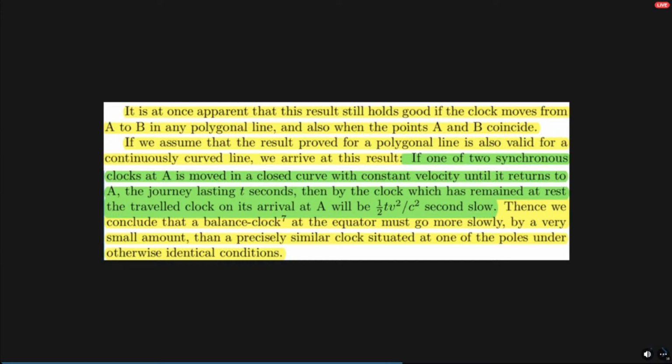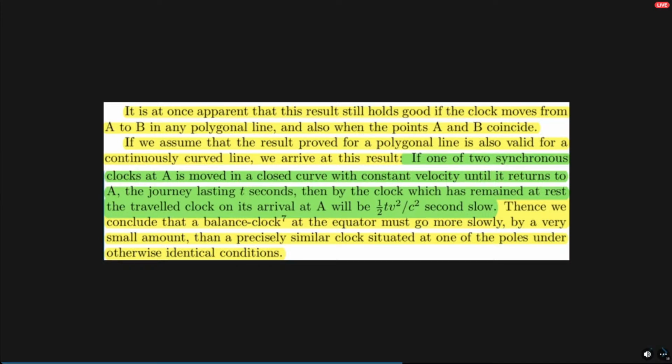If we assume that the result proved for the polygonal line is also valid for a continuously curved line, then we arrive at the result: if one of two synchronous clocks at A is moved in a closed curve with constant velocity v until it returns to A, the journey lasting t seconds, then by the clock which has remained at rest, the travelled clock on its arrival at A will be slow by 1/2 t v squared over c squared.